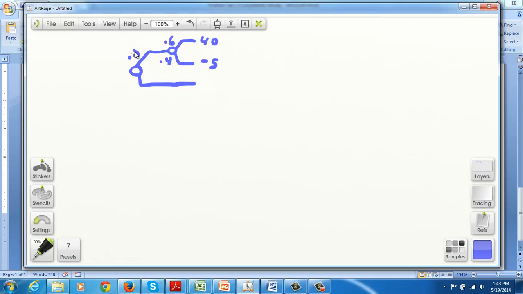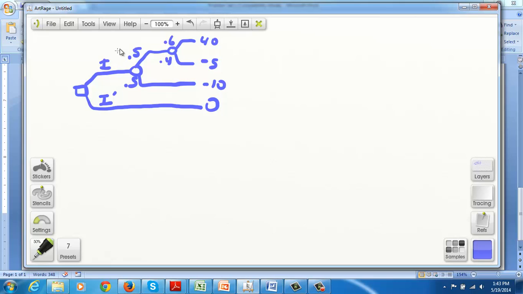Let's see, 0.5, that's my success branch. My fail branch, 0.5, minus 10. So all I'm doing is redrawing these so we can solve it. I'm going to let I be investment, and then our decision node, if we not invest, then it's going to be 0. And for this, I'm going to say I prime, saying it's not invest.